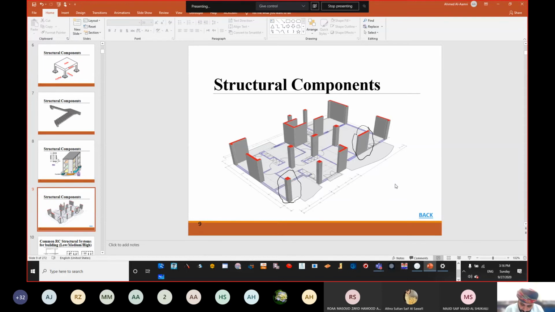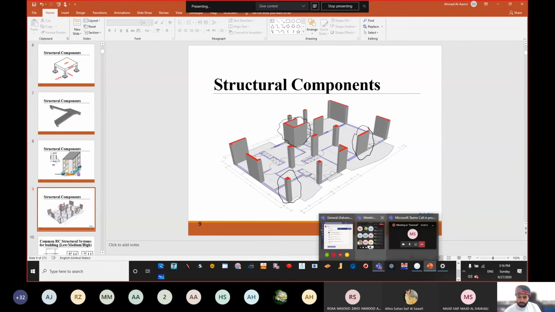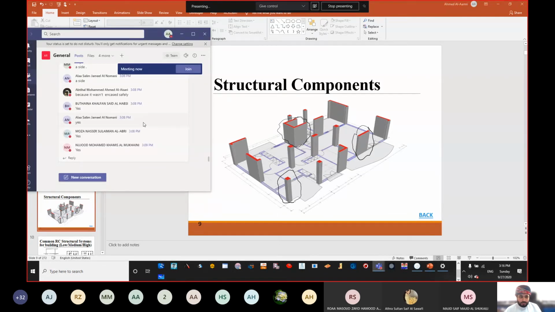Now let's take this one. This is acting as more than one shear wall, connected together. Can you see that? So we have a column, a shear wall, more than one shear wall combined together, or a shear wall combined with other small portions as well.